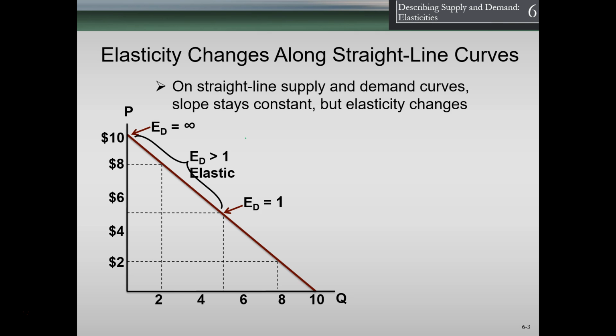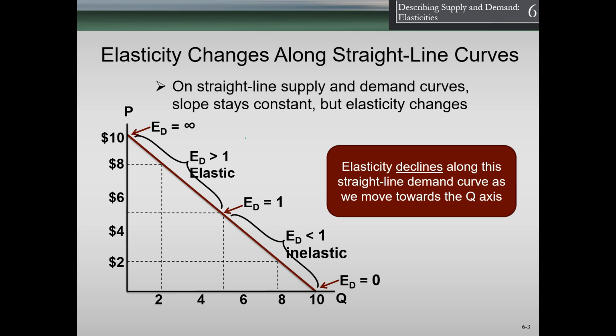At this point here, it would be perfectly elastic, and down here it would be inelastic, meaning our calculation would be less than 1. And down here it would end up being 0. So elasticity declines along the straight line demand curve as we move towards the Q axis.